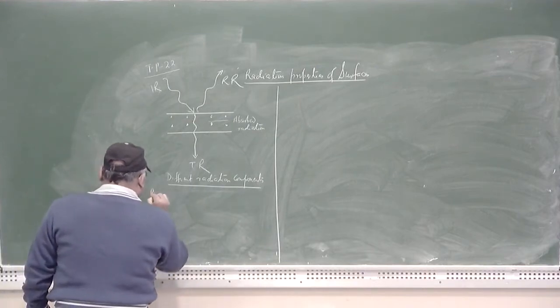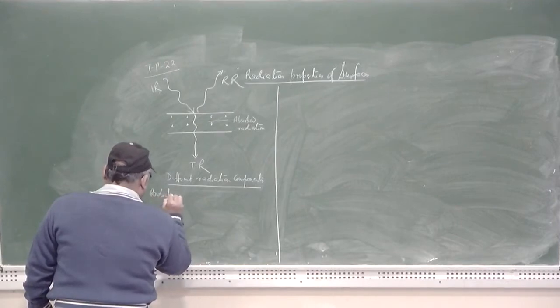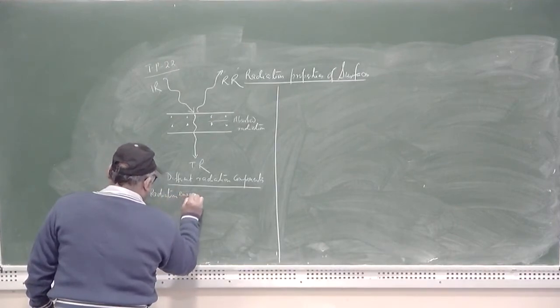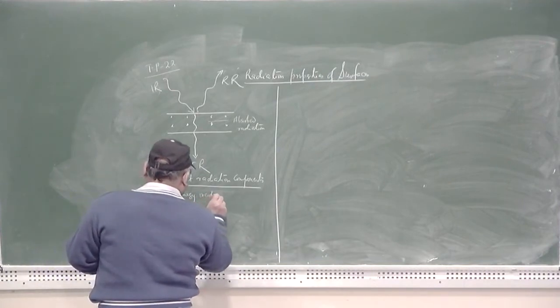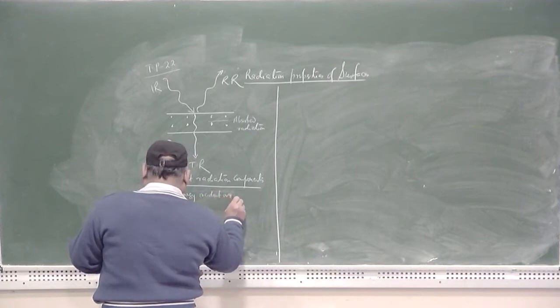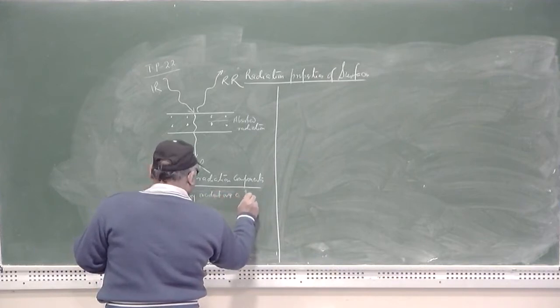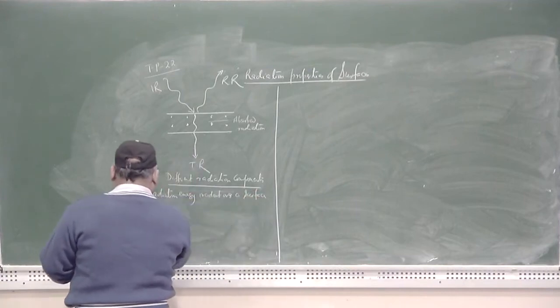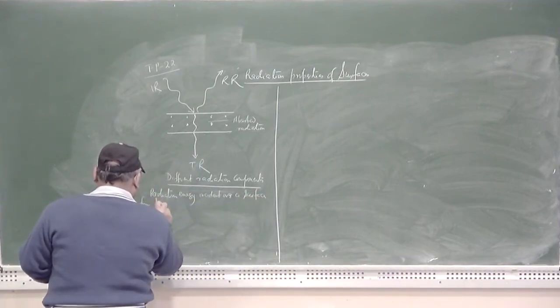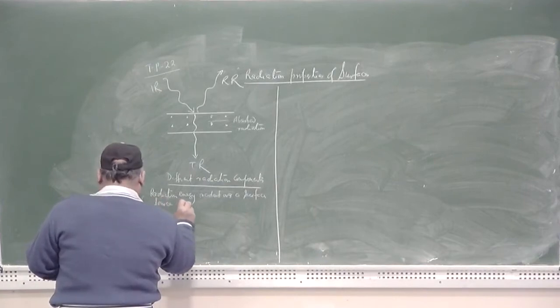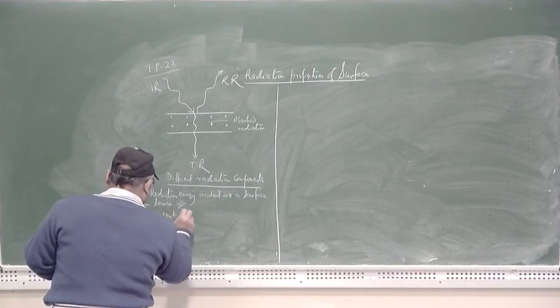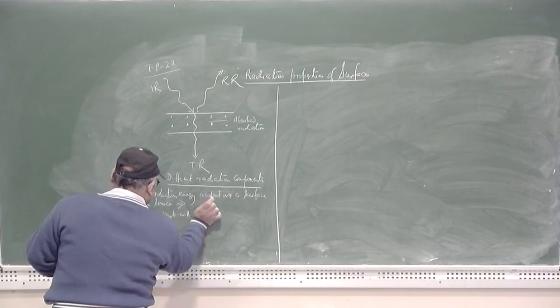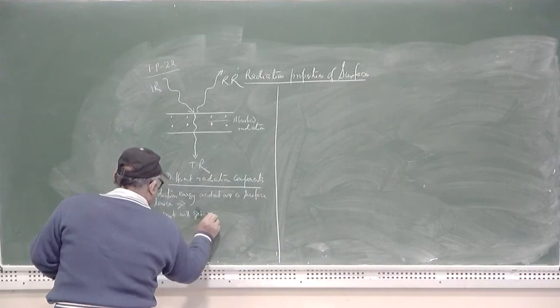If radiation energy is incident over a surface from a source, it means a part of this incident radiation energy will get reflected.